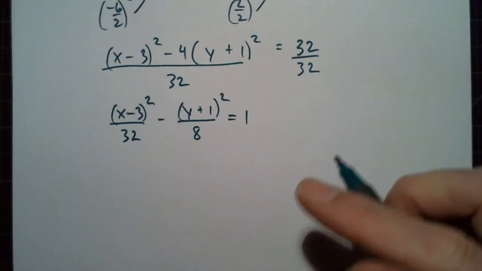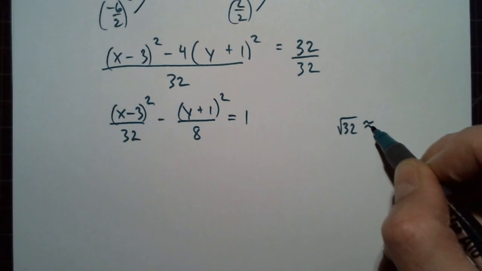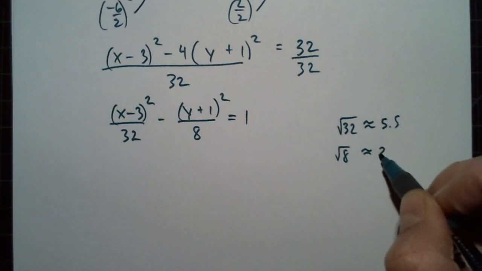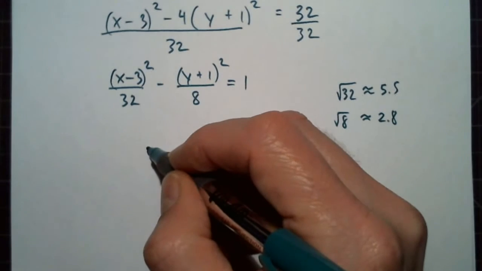And to help us graph, radical 32 is approximately 5.5. Radical 8 is approximately 2.8. We can use that on the graph.